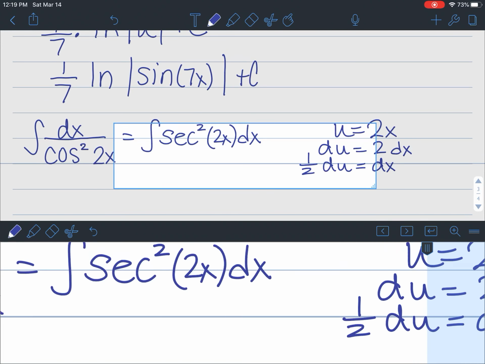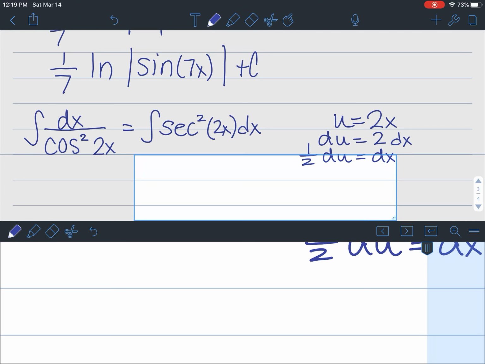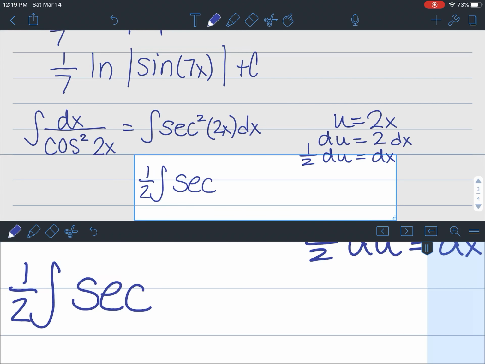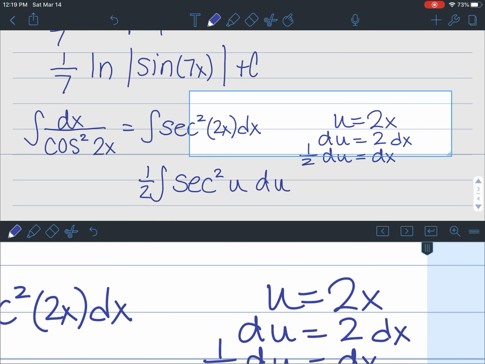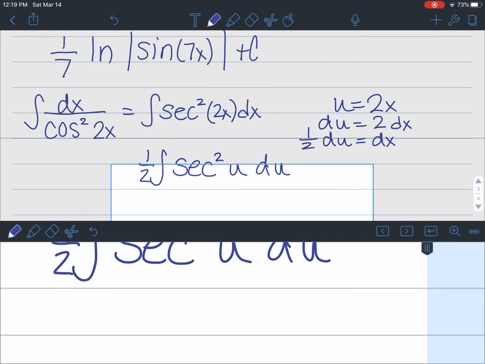Okay, so over here, we're going to change secant squared 2x into 1/2 times the integral of secant squared of u du, because the only thing I made u was 2x, so that's the only thing that's going to get substituted.